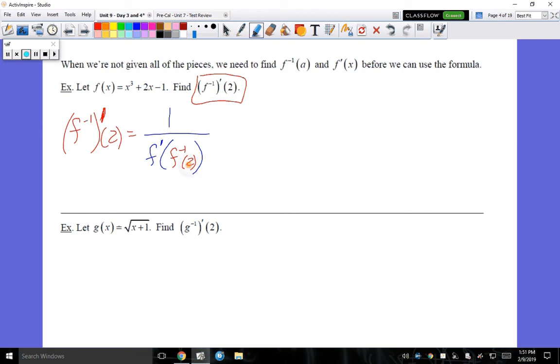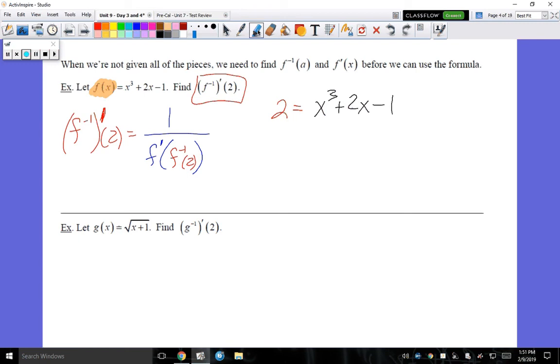So 2 is the input here of the inverse function. Where am I going to put this? I'm going to put it as the output of the original. So the output 2 is equal to my original function of x.